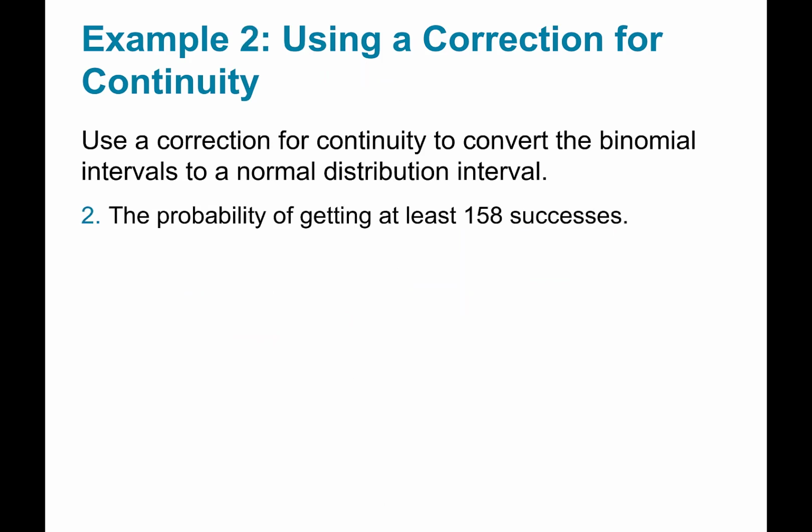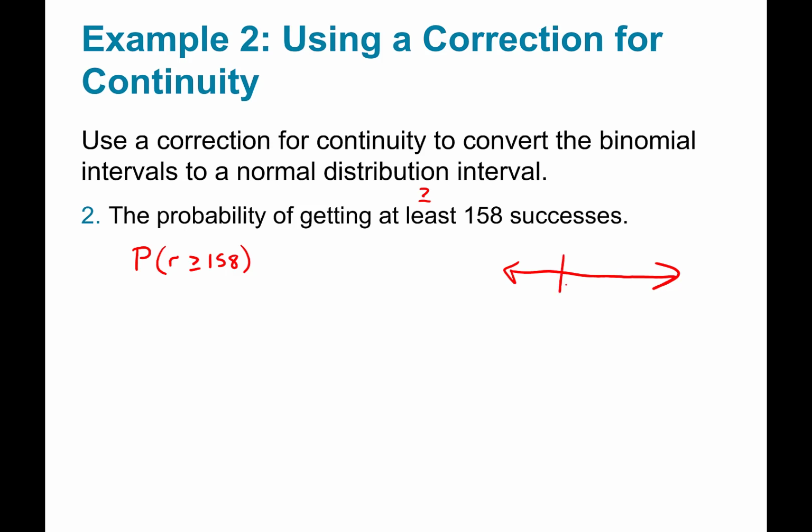Alright, so now let's look at another example. Let's find the probability of getting at least 158 successes. Remember, at least means greater than or equal to. So this is the probability that r for our binomial random variable is greater than or equal to 158. We still want to check for equality, just like we did back in chapter 5 with binomial random variables. In this case, we have equality, so we're good. Let's draw our number line.